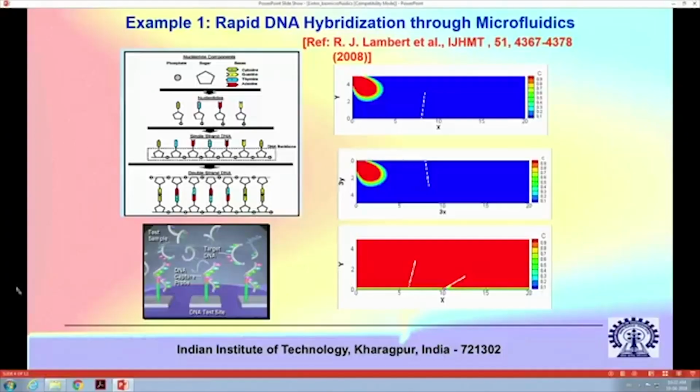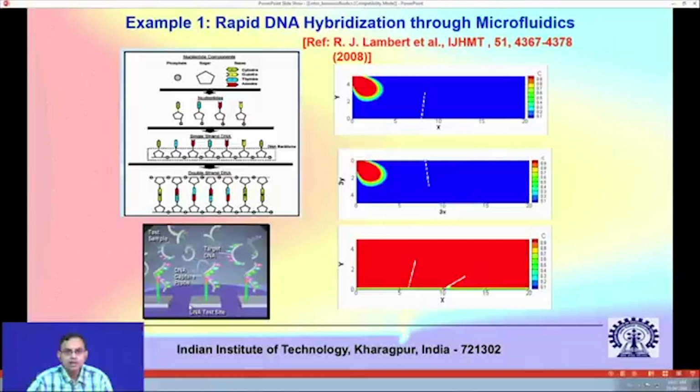If you look at this figure, you can see that at the wall of the channel you have the capturing DNA probes, and in the sample floating are single stranded DNAs. If the strands are really complementary to the capturing DNA, this will be captured and a fluorescence will be emitted, that will indicate that successful hybridization has taken place.